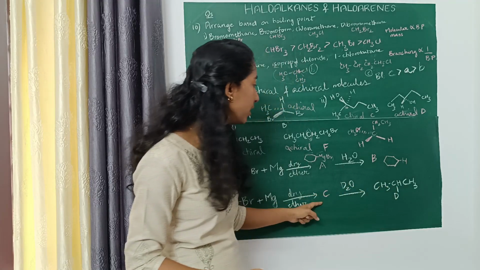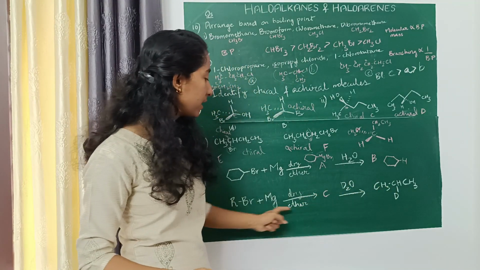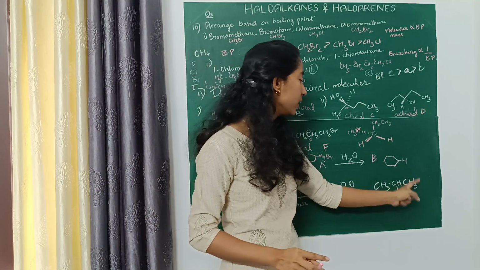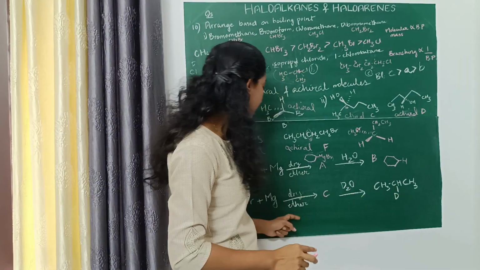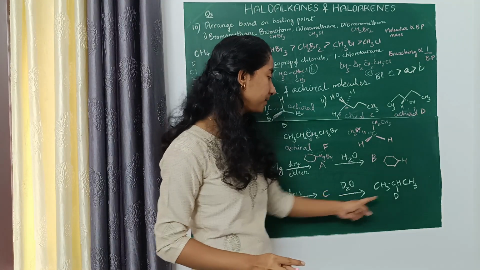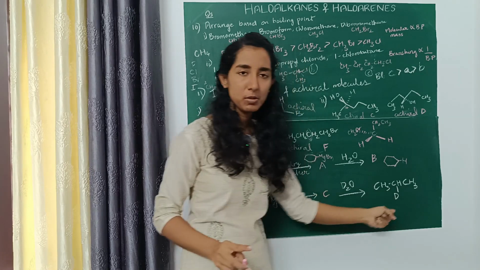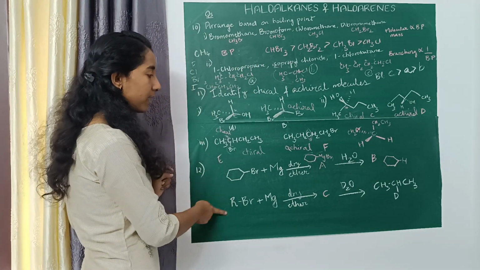So basically what would be the reaction? It will be CH3CHCH3 and then MgBr. And then what will be RBr? CH3CHCH3Br. From the previous example you can identify it.